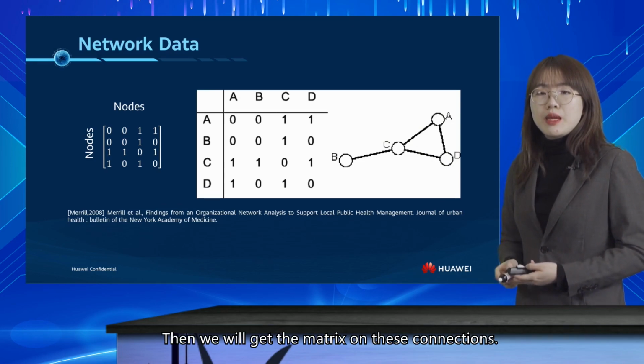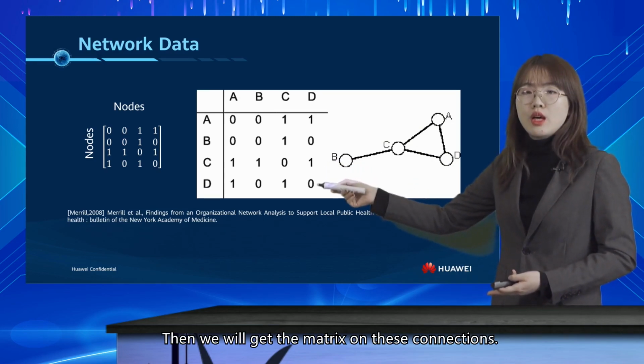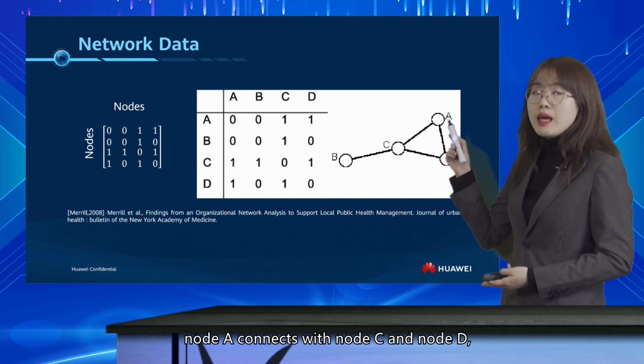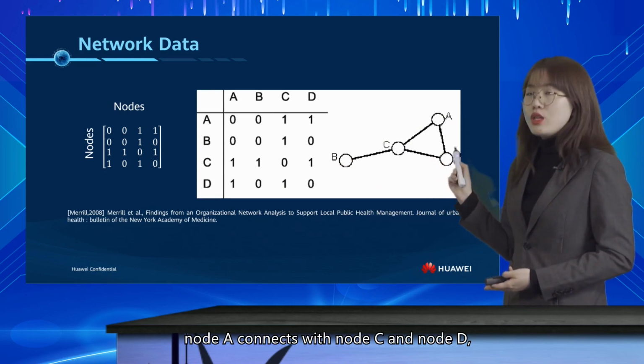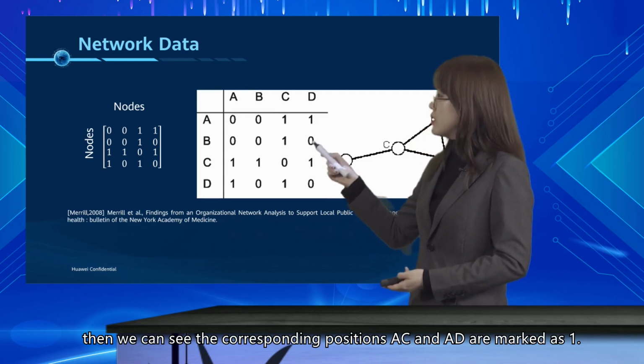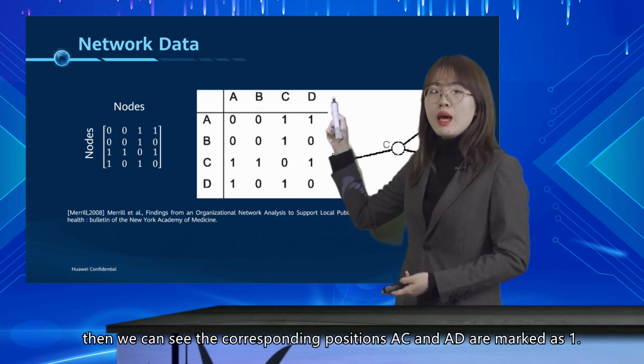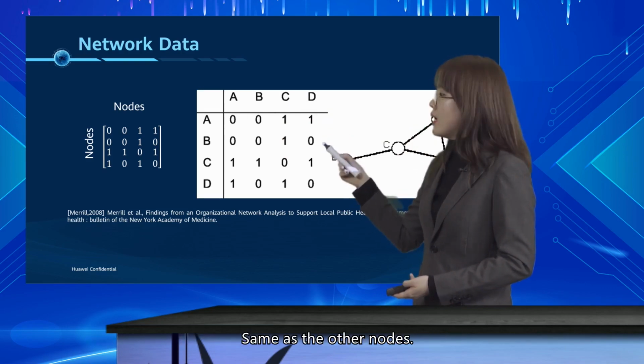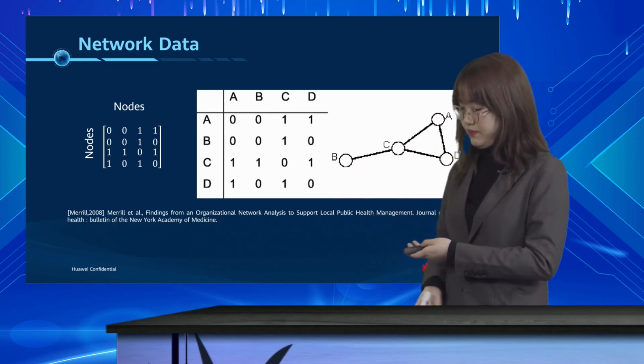Then we can get the matrix on these connections. For example, node A connects node C and node D. Then we can see the corresponding positions AC and AD are marked as 1, same as other nodes.